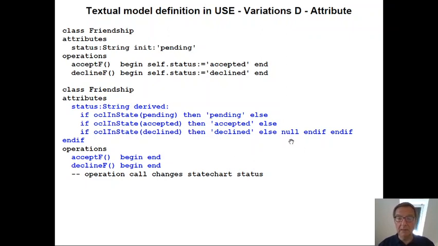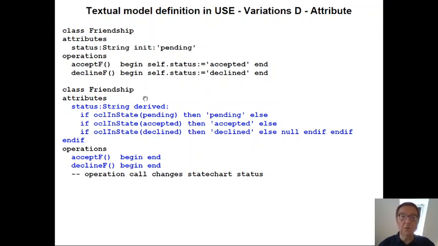And otherwise, I'm returning the null value. So this is a bit more complicated OCL expression, with nested if expressions. And this is the derivation rule.